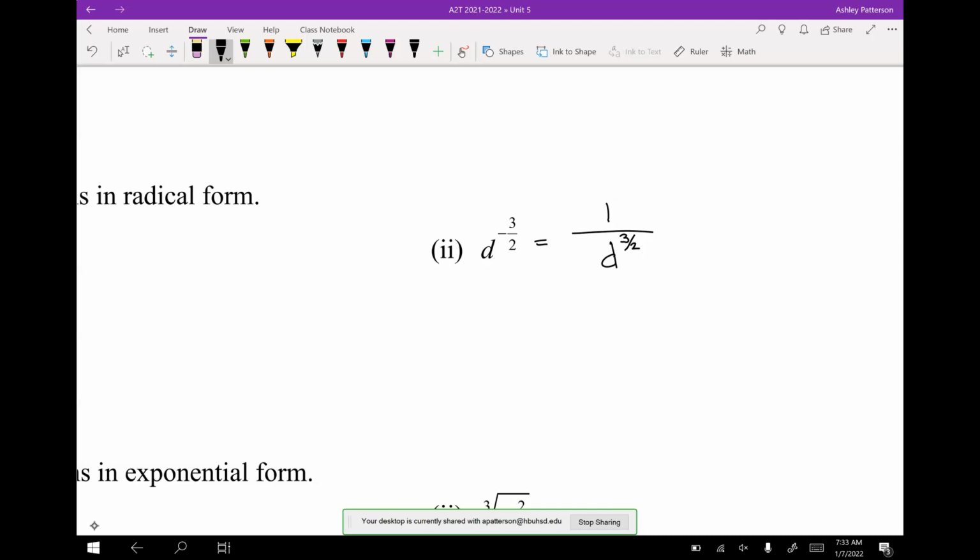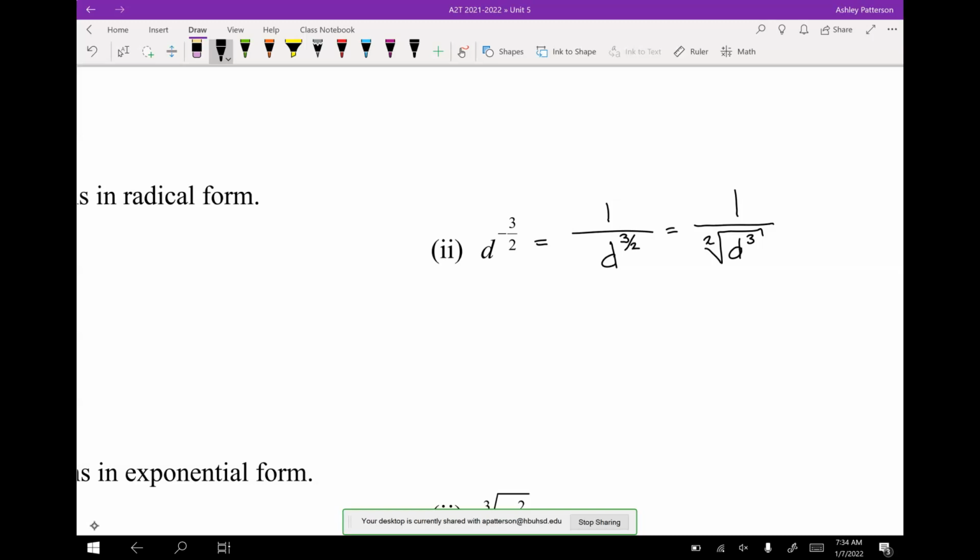All right, what's the index, everyone? 2, thank you. So that means our exponent must be 3. So we have the square root of d cubed. Now the directions asked us for radical form. Boom, we're in radical form, but can we simplify? Yes. How many groups of 2 can you take out of 3?